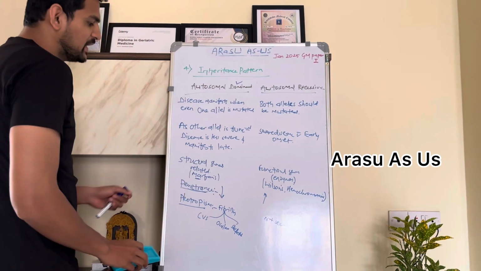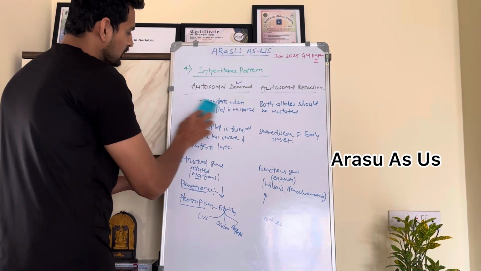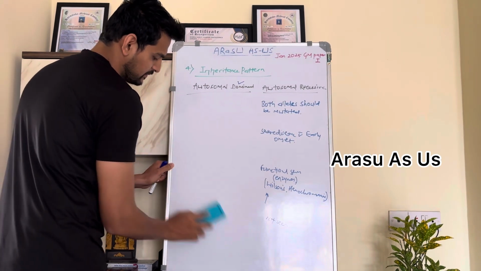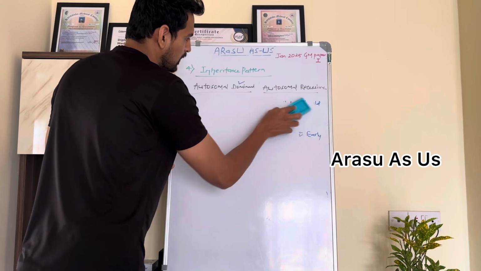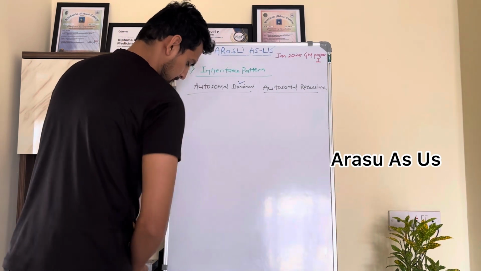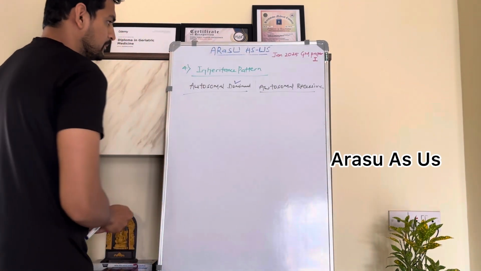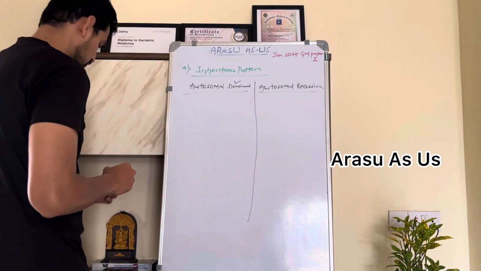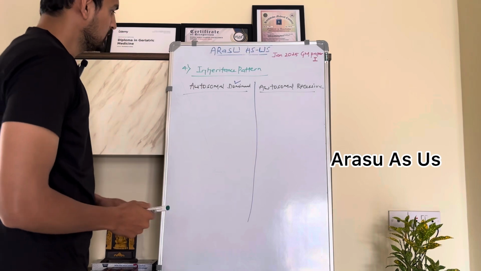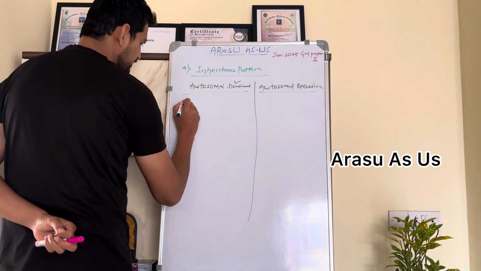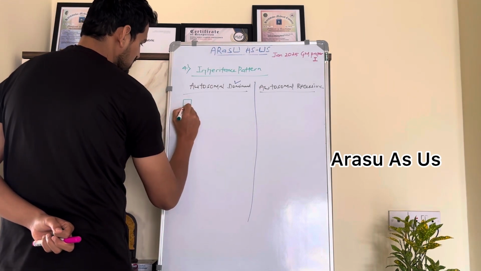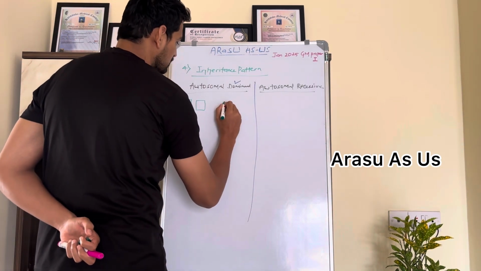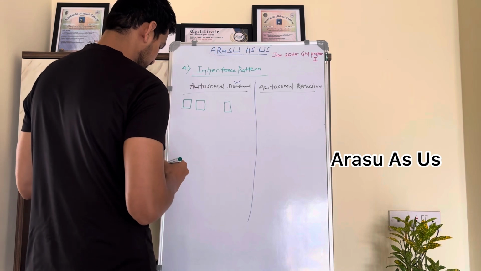Now, to draw the pedigree chart of these two, see here, the thing is, when we are drawing a pedigree chart, we will consider, suppose among parents, father is not affected, whereas mother is affected.